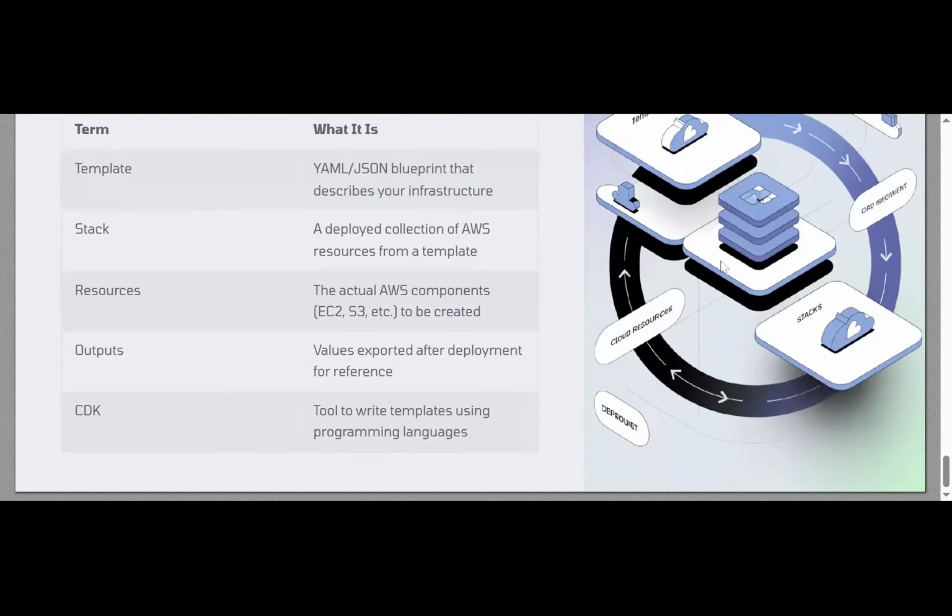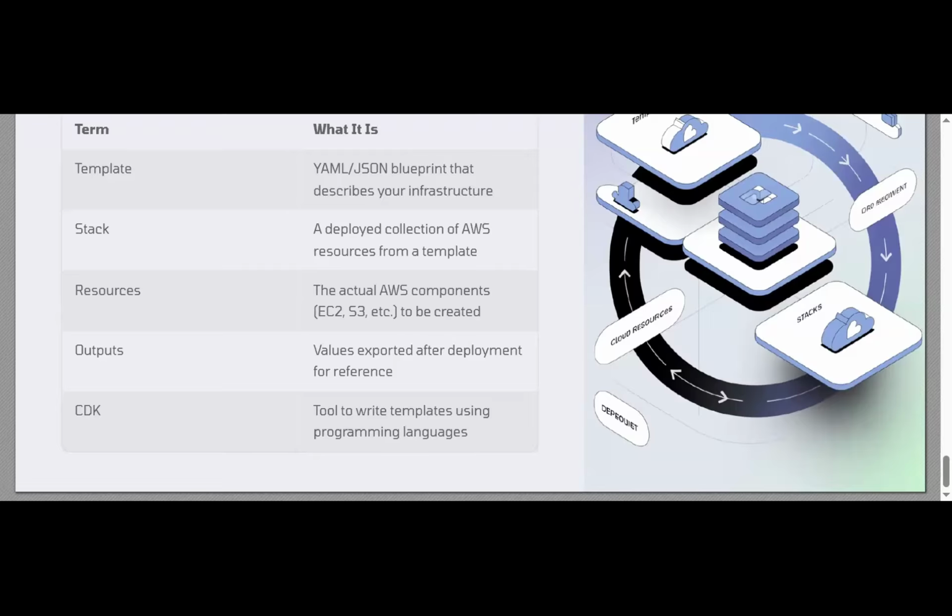Now coming to the concepts, what are the concepts we have learned? The CloudFormation template is one that we need to create, which will be in YAML format or JSON format, which is nothing but the blueprint of the steps. Next, a stack is nothing but a deployable collection of AWS resources from a template. Stack means a group of technologies together; here it is a group of services together. Next, resources. What are called resources?